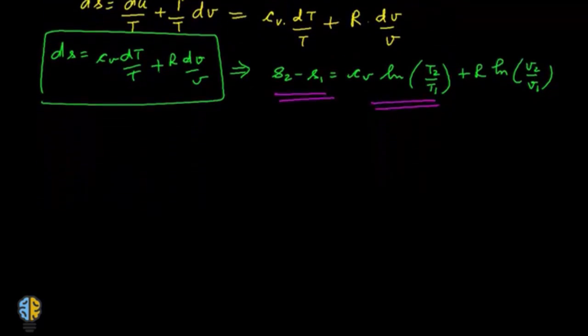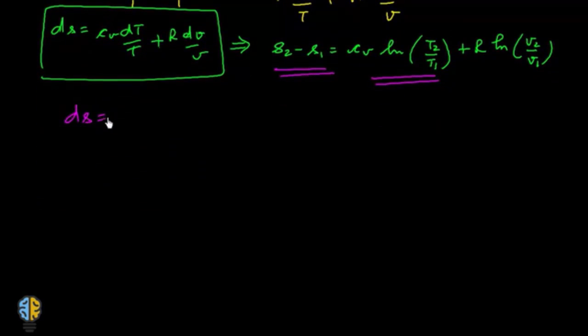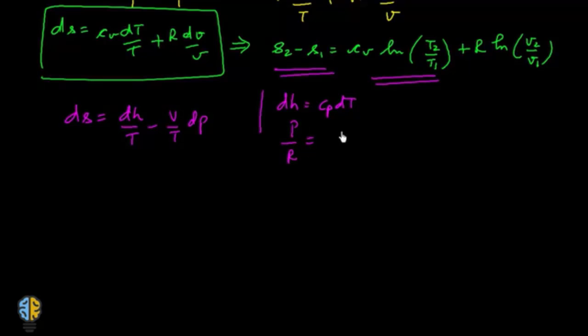So let's use that. So you will get dS is equal to dH upon T minus V upon T into dP. Now we know that dH is equal to Cp dT, and P upon R is equal to T upon V. Or if you take the reciprocal of this, it will become V upon T is equal to R upon P. So let's use this value over here.